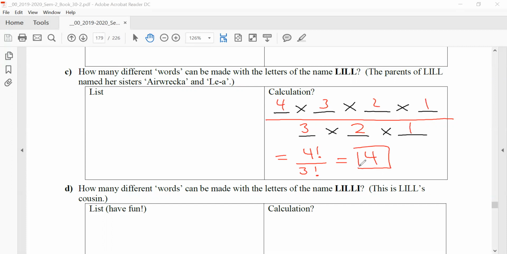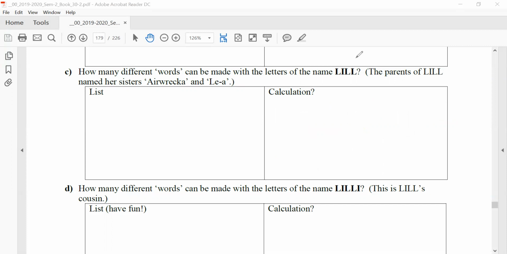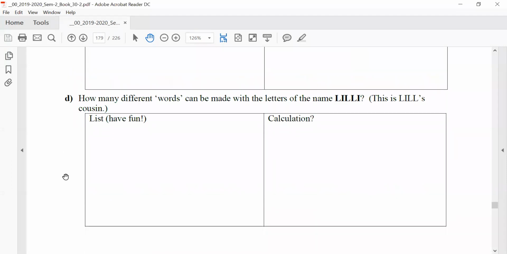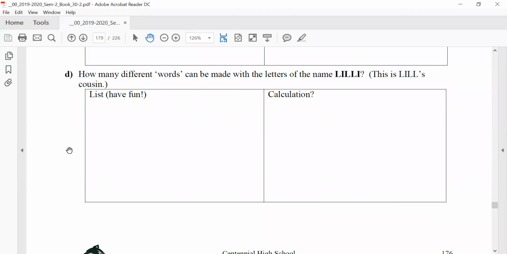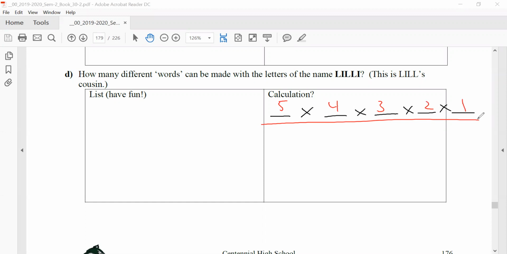So last one, Lily. Now it says have fun. Again, by now, even if you were in class, you would have figured out the pattern, I hope. There are 5 letters in Lily, so 5, 4, 3, 2, 1. And I notice this time that I've got 3 L's.